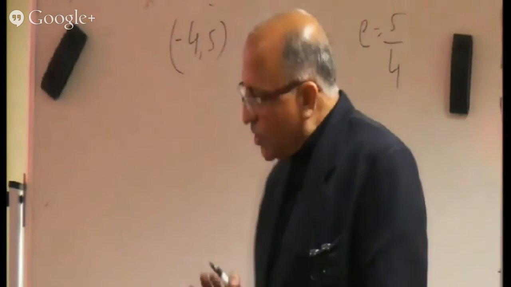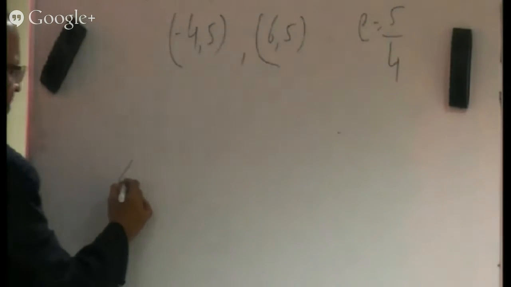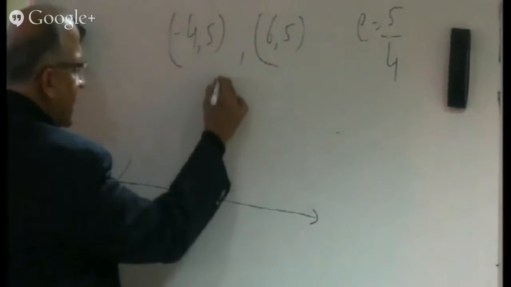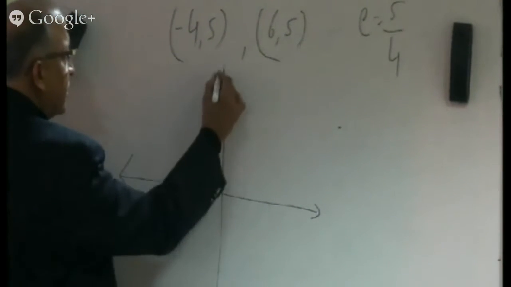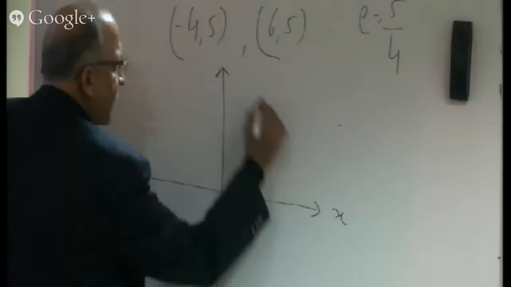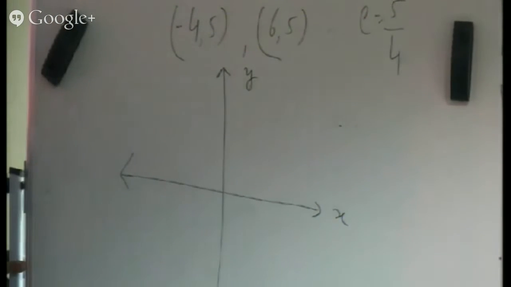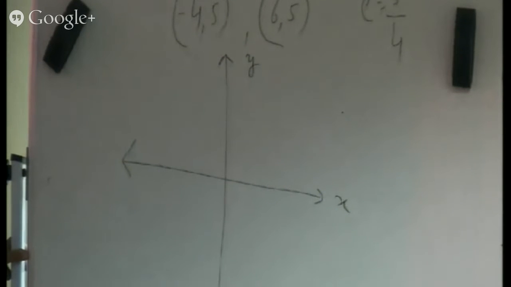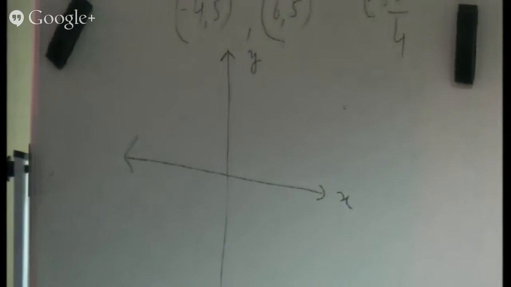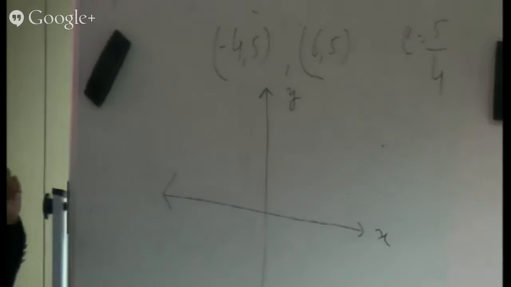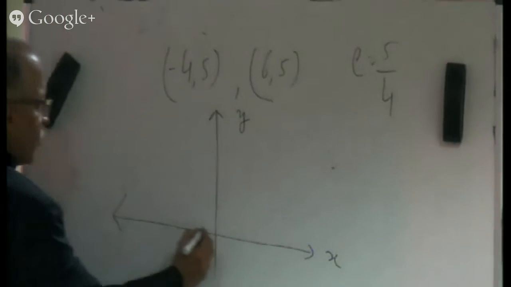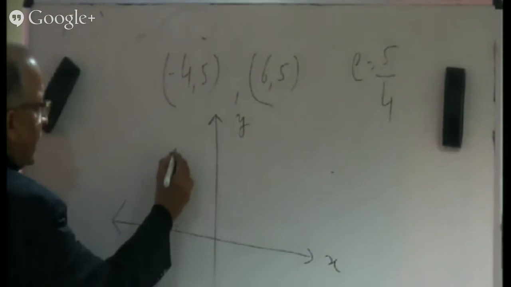Let us, before doing this question, see something. If I take this as x-axis, this as y-axis, let us try to plot the two foci. Where is the point -4, 5? Somewhere here at the height.